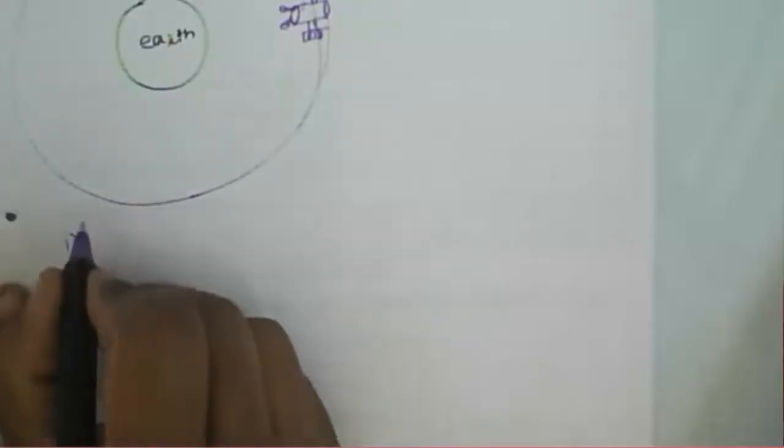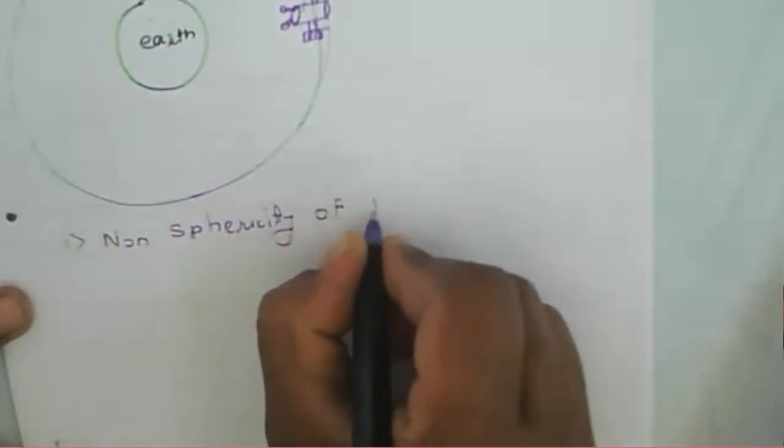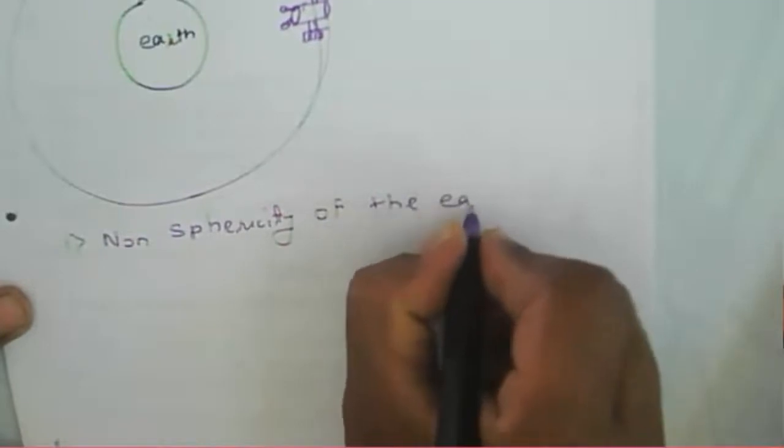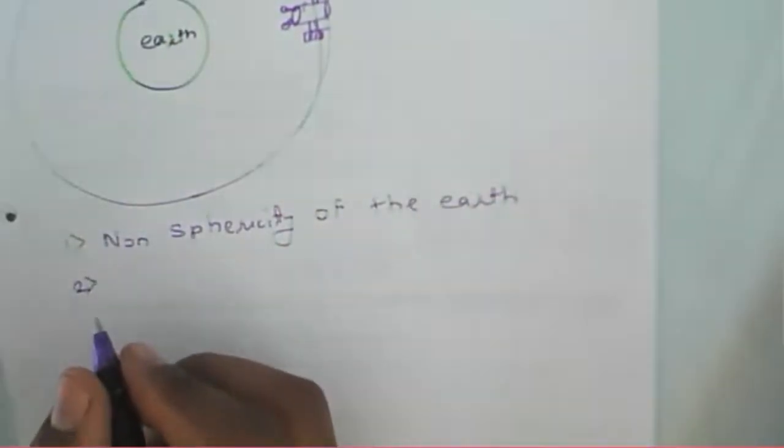So consider the causes of the perturbation: why does this perturbation occur? Because of the non-sphericity of the Earth.